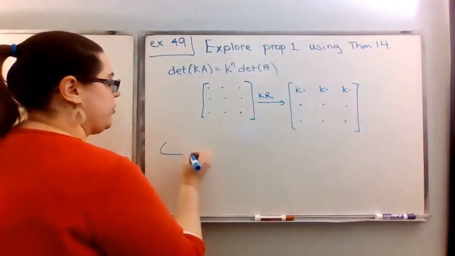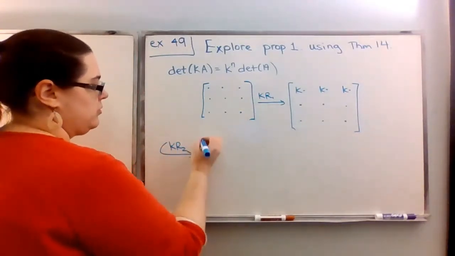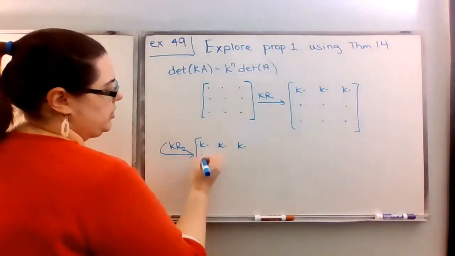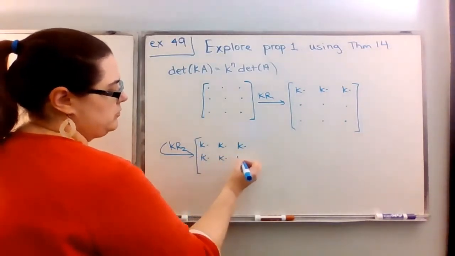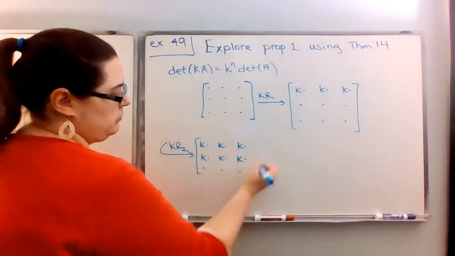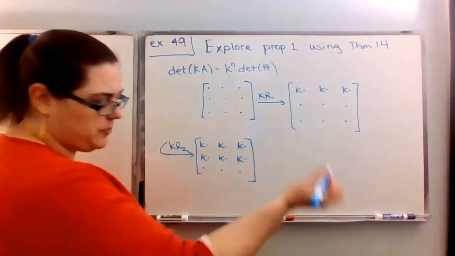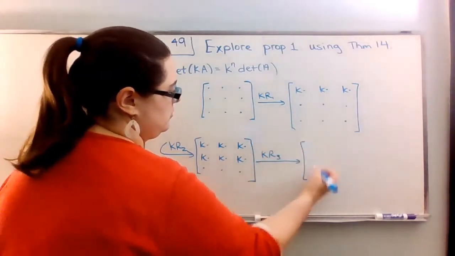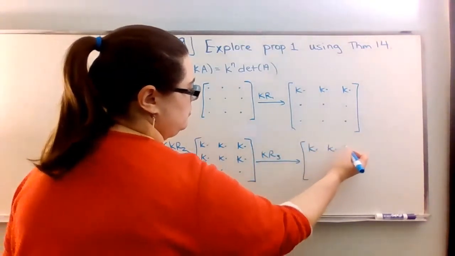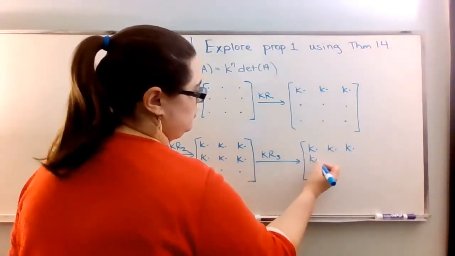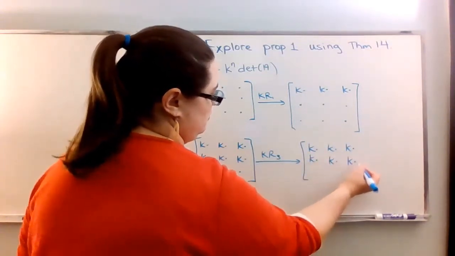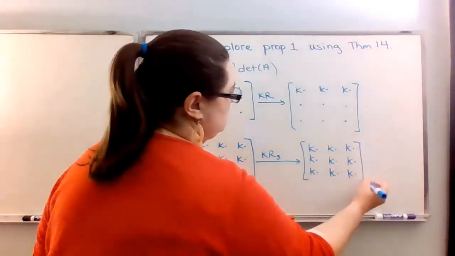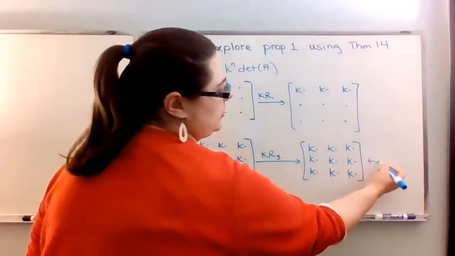Then I can do K row 2. So I'm going to get K times whatever was there. And then I can do K times row 3, and we get K times whatever was there. And then this is going to be KA.